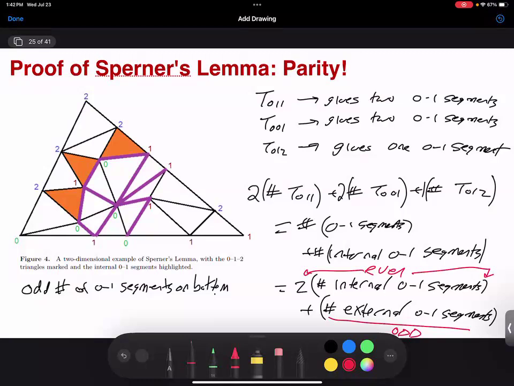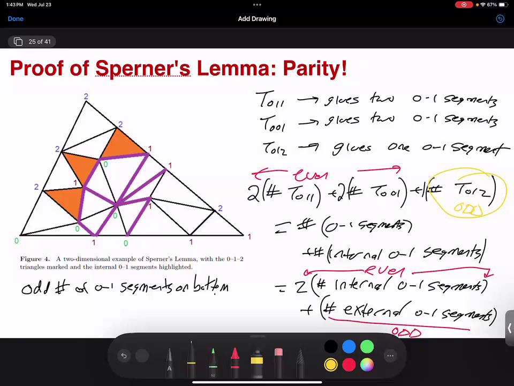So this whole number has to be odd. Therefore, what must be true about this, if the stuff in front of it is even? What's the only thing that's left for this number to be? It has to be odd.